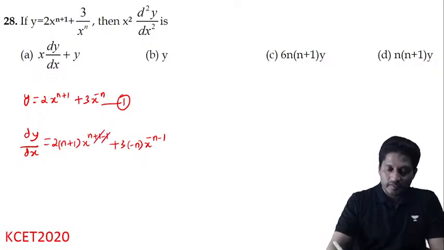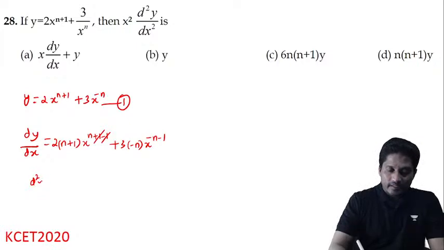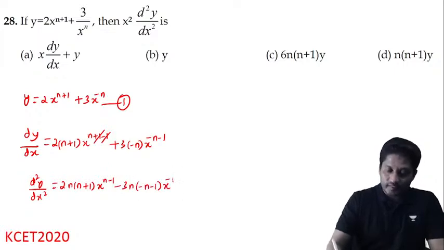This will cancel anyways. If I differentiate once again, d square y upon dx square is equal to 2n into n plus 1 and x to the power of n minus 1 minus 3n into minus n minus 1 x to the power of minus n minus 2.